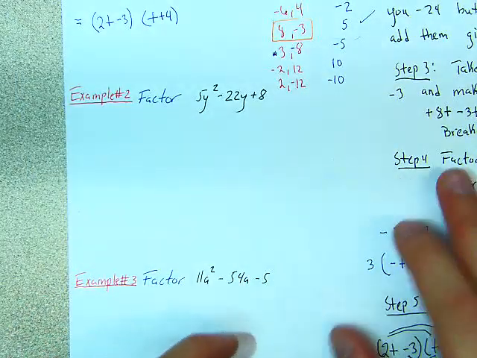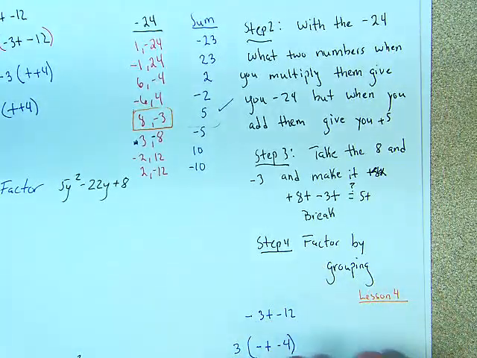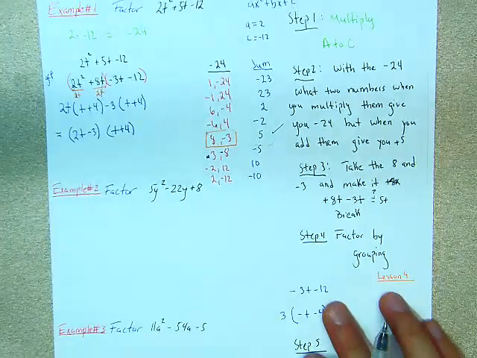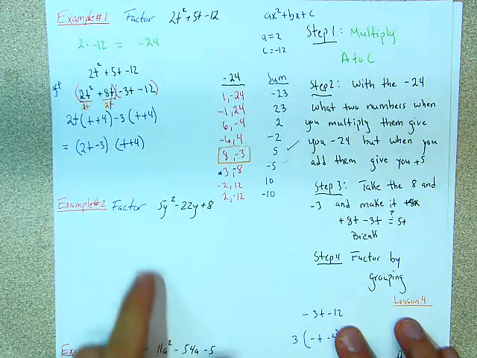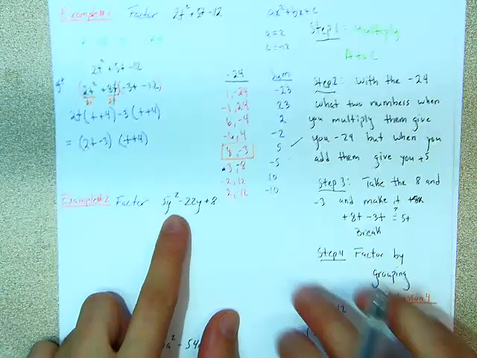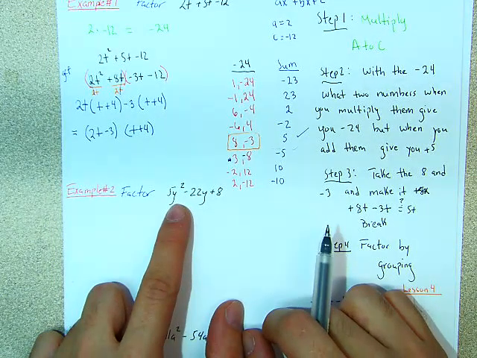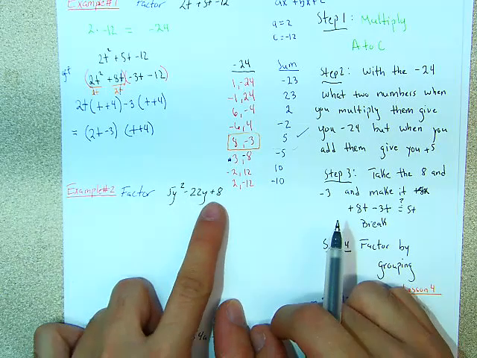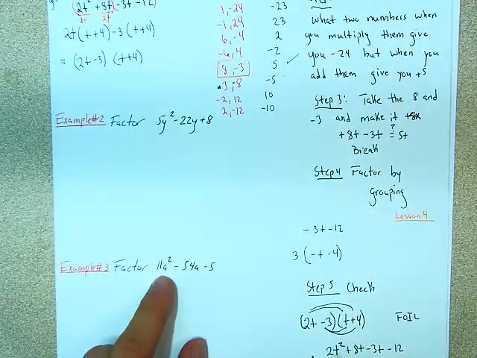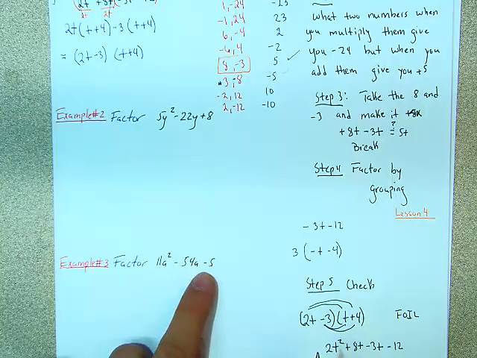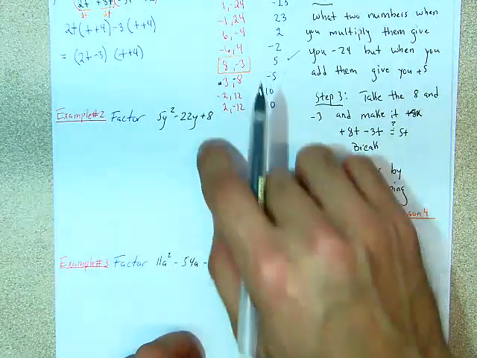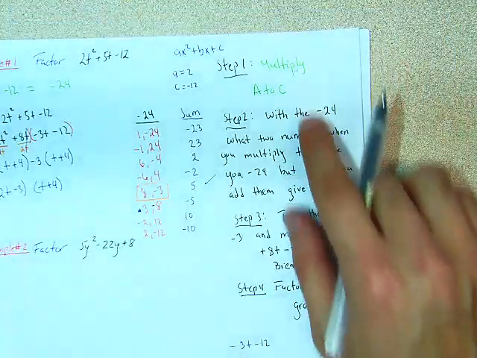Okay. What I want you to do is, using these steps that we did step by step, try and do this example over here: 5y squared minus 22y plus 8 and 11a squared minus 54a minus 5. Okay? Try and use these two examples. Follow the same steps.